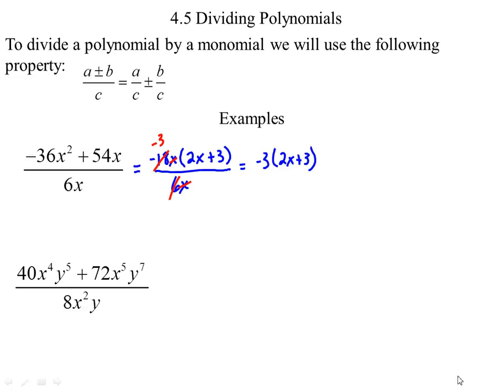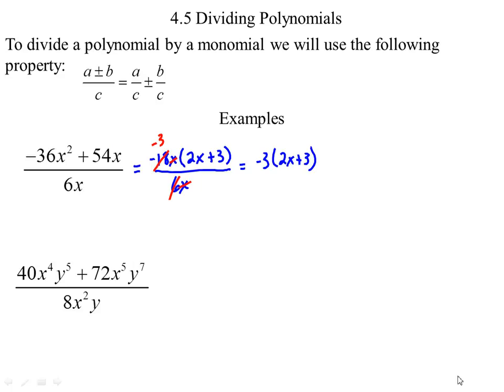Well, in your upper level math, this is what we look at. If you have a monomial in the denominator, if you have one term in the denominator, you can reduce if, and only if, you can reduce every single term in the problem.